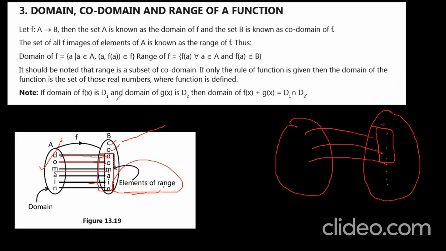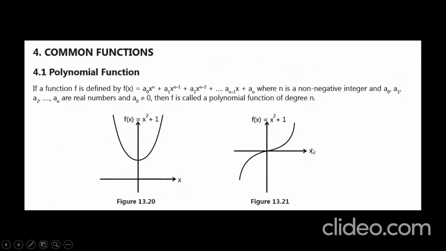If the domain of f of x is D1 and the domain of g of x is D2, then the domain of f of x plus g of x is D1 intersection D2. What is that? The sum of two functions has the intersection of their two domains.